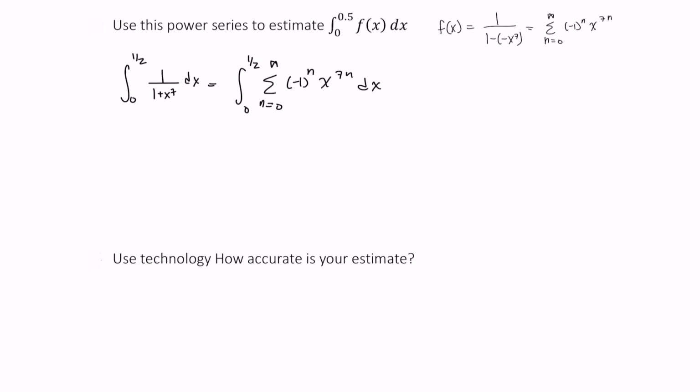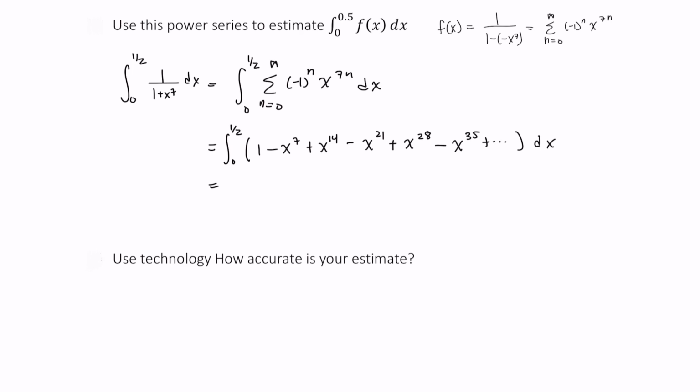So let's write out the first few terms and integrate this term by term. So this is the integral from 0 to 1/2 of, well, what would our first term be? If we pop a 0 in here, then we're just going to have 1. If we put a 1 in, when n equals 1, we're going to have minus x to the 7th. If we have a 2, we'll have plus x to the 14th, and so on.